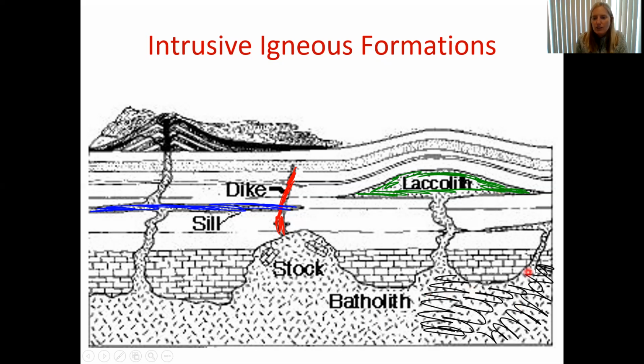And then our batholith, which I started to color in here in black, you can see is huge, right? So massive, definitely. And it's discordant because it's cutting through whatever layers it wants down here. It's not just staying in line. And then, like we said, if we have a smaller batholith, so still massive, still discordant, cutting through the layers, then we call that a stock.